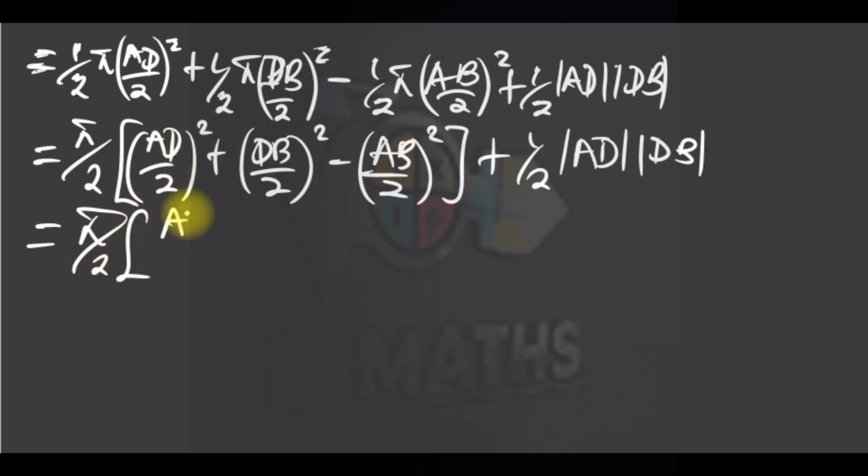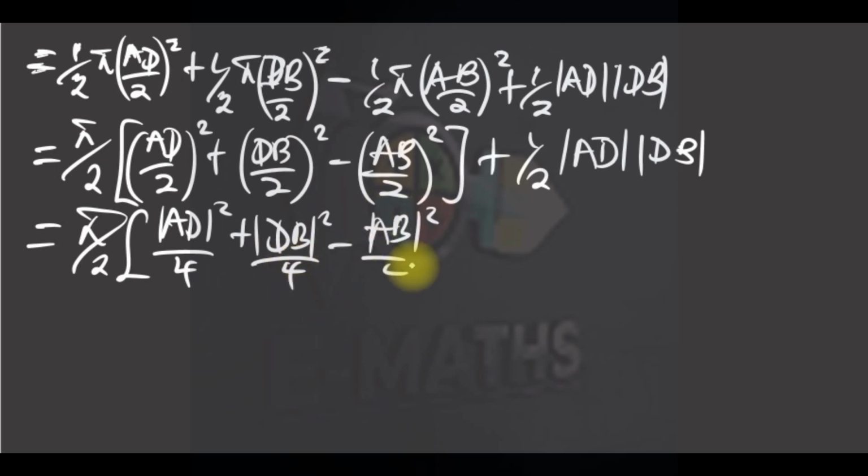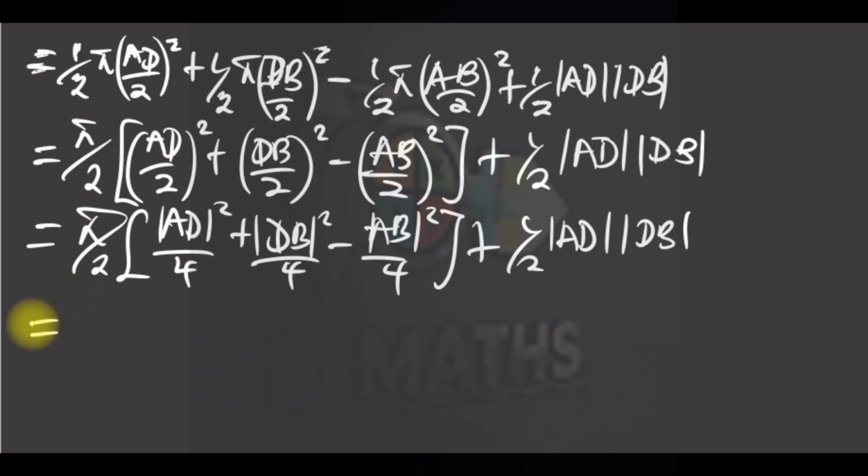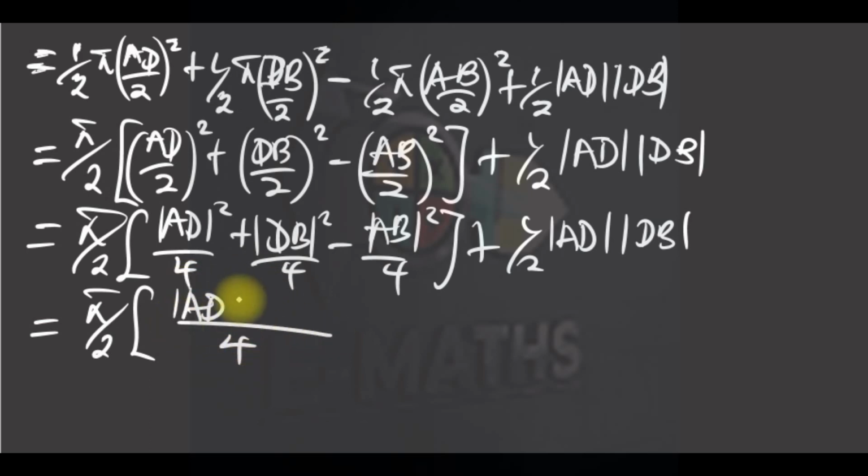As you can see, this is AD squared over 4 plus DB squared over 4 minus AB squared over 4 plus half AD DB. So this is equal to pi over 2. The LCM is 4. So we have AD squared plus DB squared minus AB squared plus half.